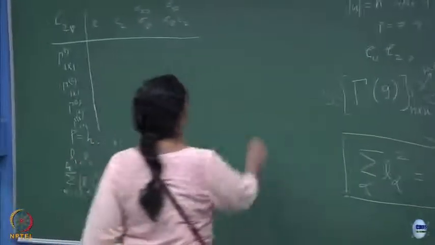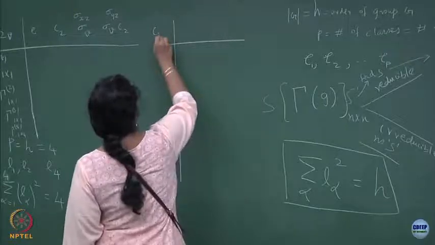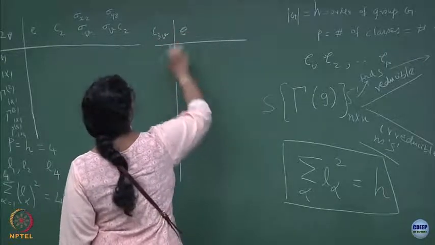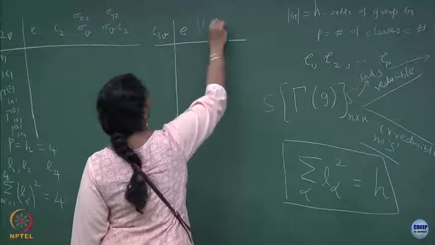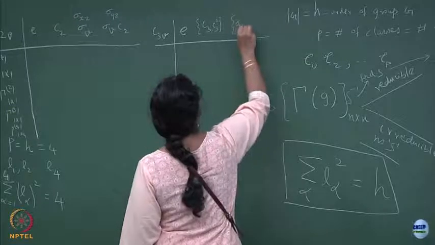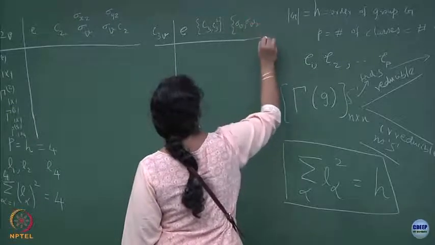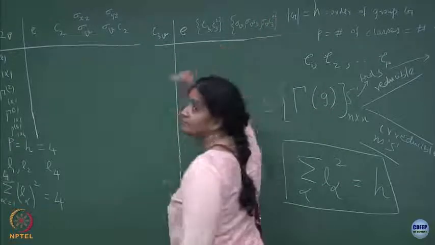Okay. So, let us do the C3V also here. Identity, one conjugacy class as C3, C3 squared, the second conjugacy class as sigma V C3, sigma V C3 squared. Okay.